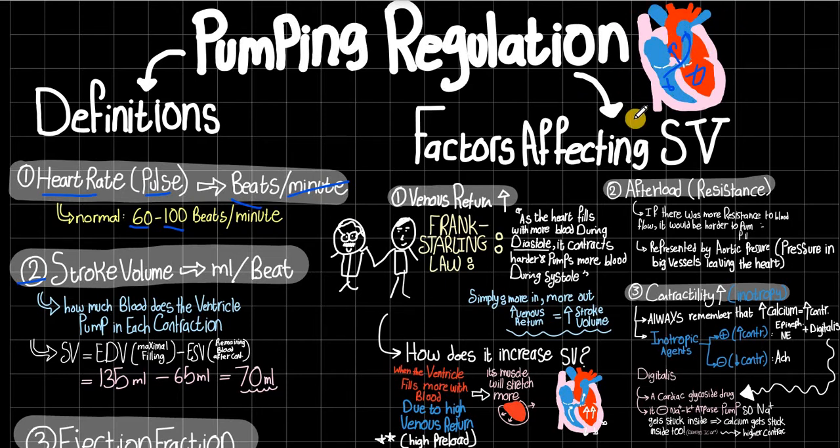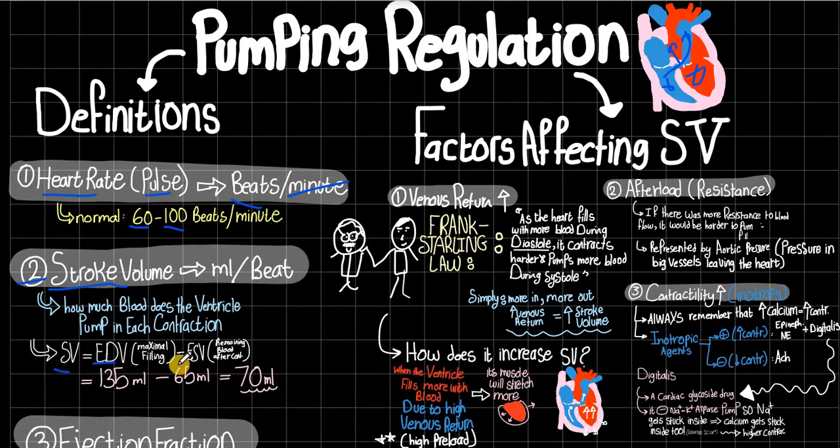So how much blood goes to the pulmonary artery, or how much blood goes to the aorta after contraction of the ventricle, is known as stroke volume, and it's measured in milliliters per beat, which is very logical for this aspect.